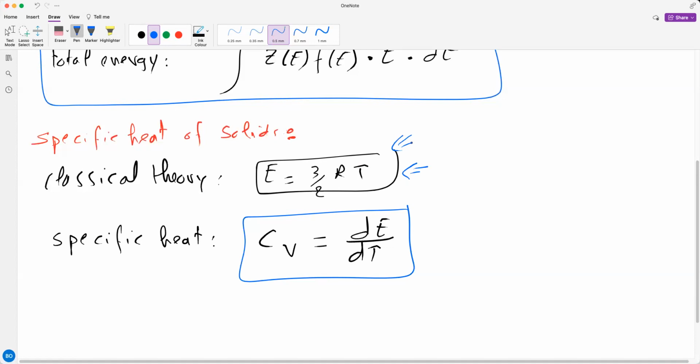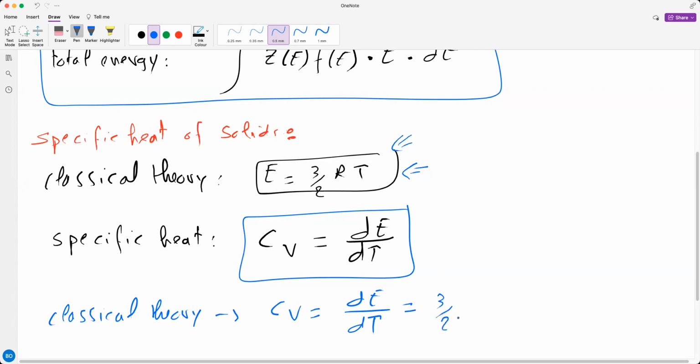If you remember, this is the first page of the course. So if we apply classical theory, the specific heat, which is the derivative with respect to the temperature, is equal to 3/2 R, a constant.